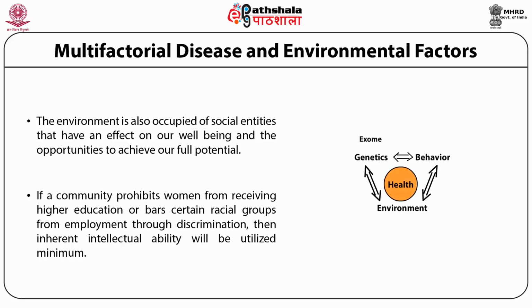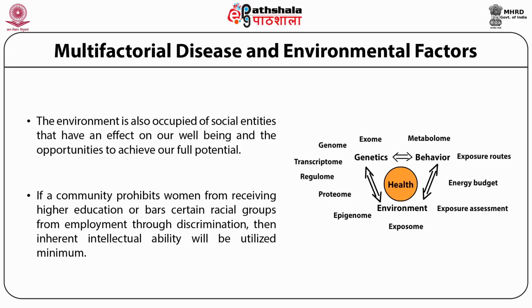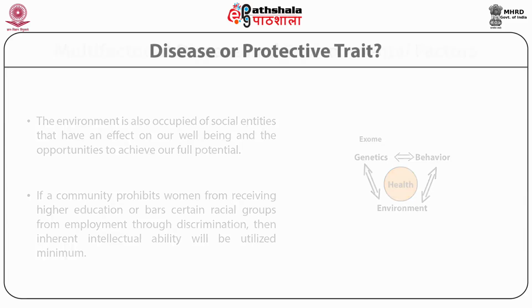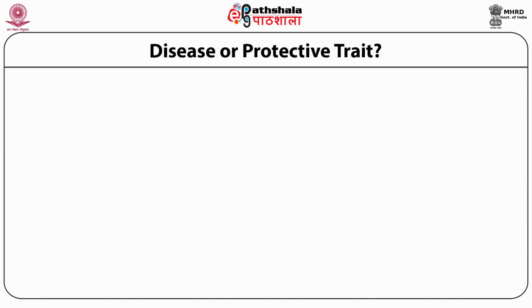Environment also by the genetics. And on the outer side, it is epigenome, proteome, regulome. All these genomes have been described, how they are acting, the interaction of all these dynamics with reference to genetics, behavior, and environment. Disease or protective trait.